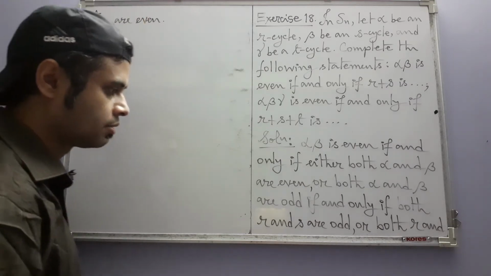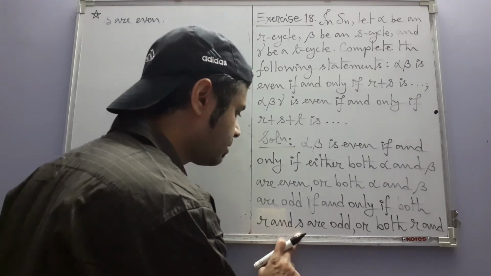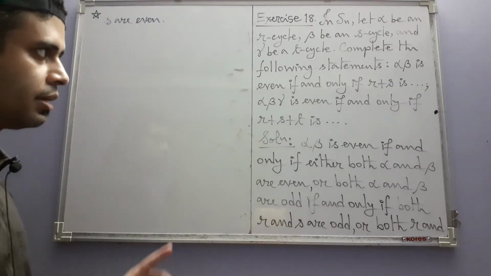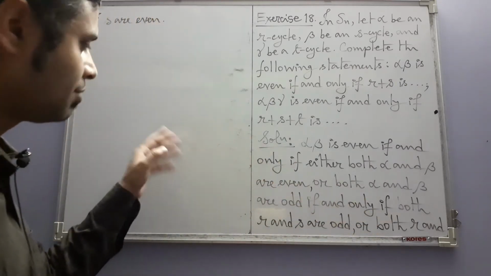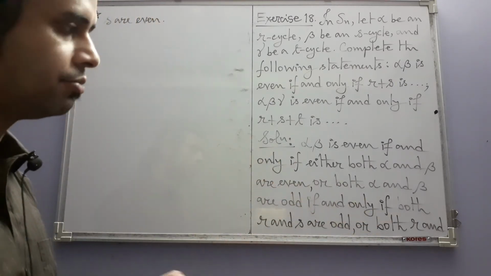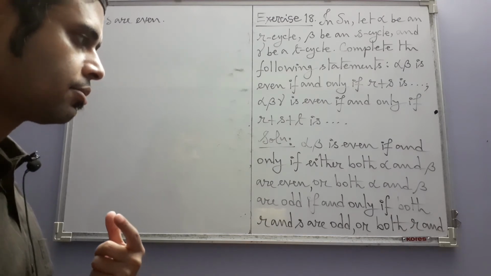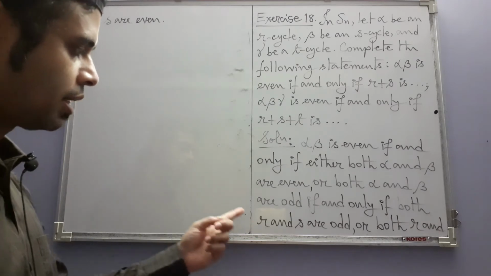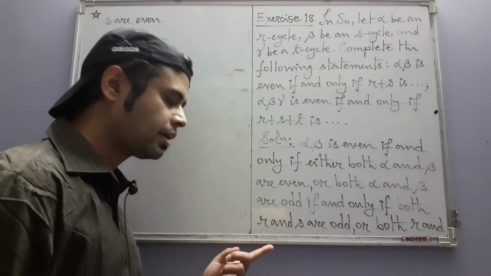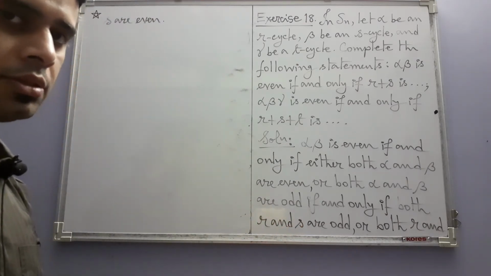Now, when both R and S are odd, then R plus S is even, and when both R and S are even, of course, then also R plus S is even. And these are the only two ways in which R plus S can be even. If one of these is even and the other is odd, then their sum is odd.